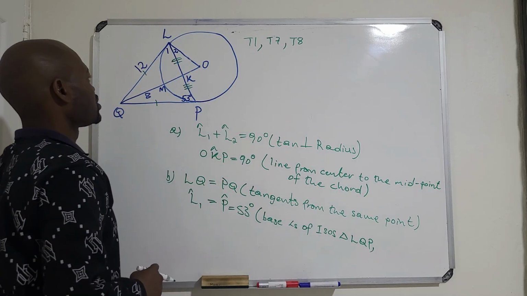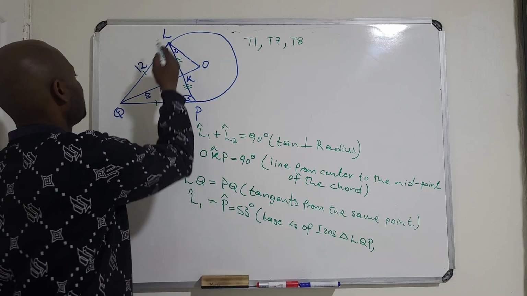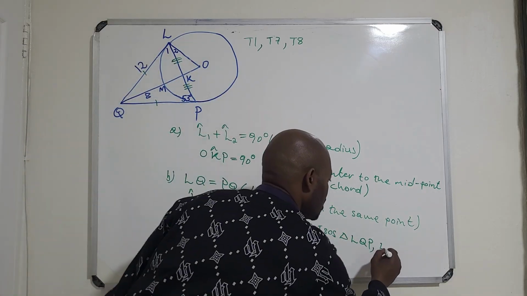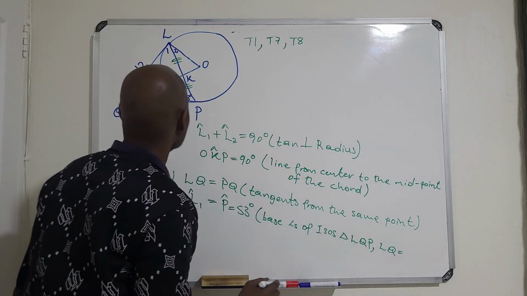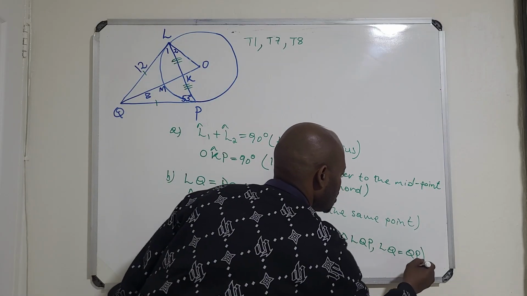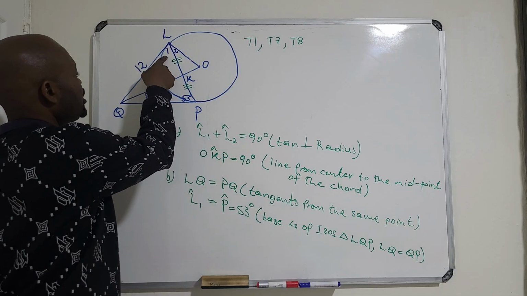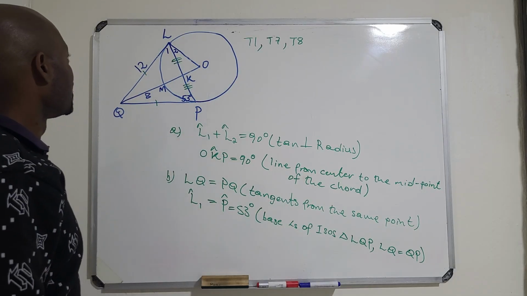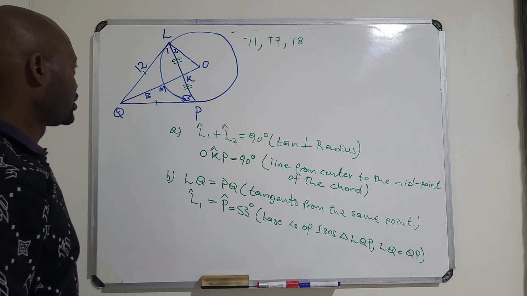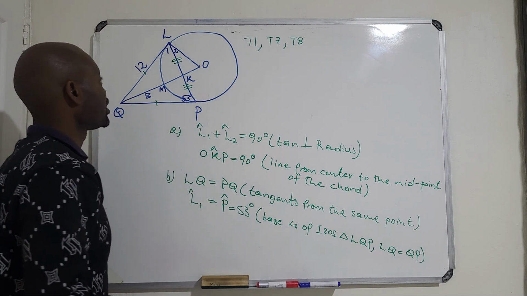Why are they base angles of an isosceles triangle LQP? Because LQ is equal to QP. Now, we know that this angle is 53 because it is equal to angle P.